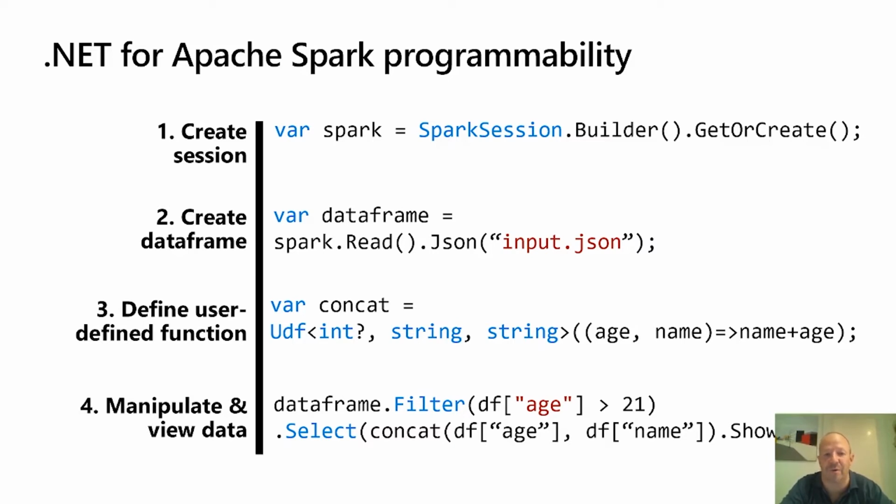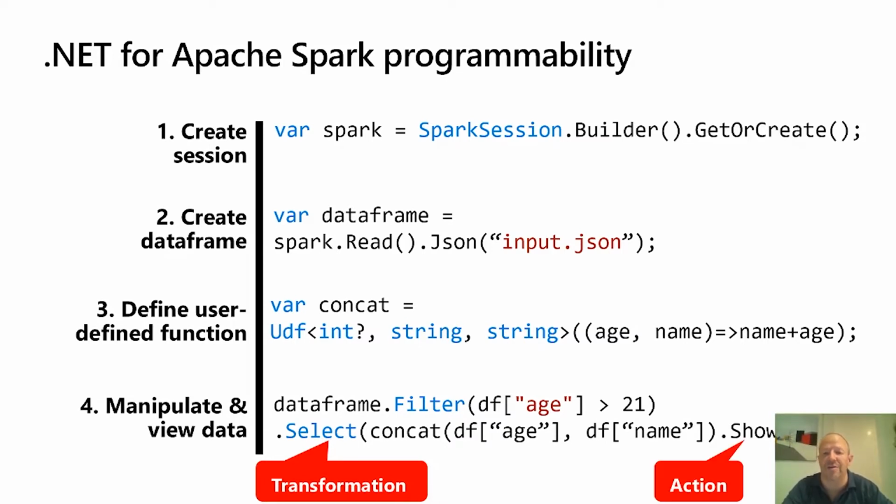Now, this user-defined function can then be used inside my normal Spark expression. Here you see an example of these DSL operations, domain-specific language operations, on the data frame object that normally take a data frame, apply their transformation, and then produce another data frame. Now if you look at this, you see there are two types of methods on the data frame object. One is the transformation, which is doing what I just described. And then you have another set of data frame expressions that are called actions. Now the interesting part is that each transformation is just transforming the data frame from one data frame into another.